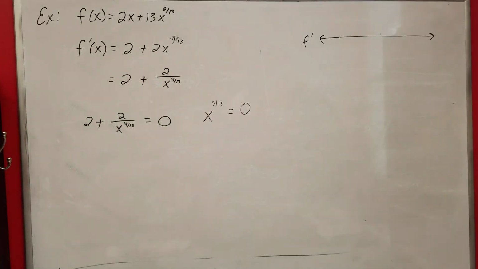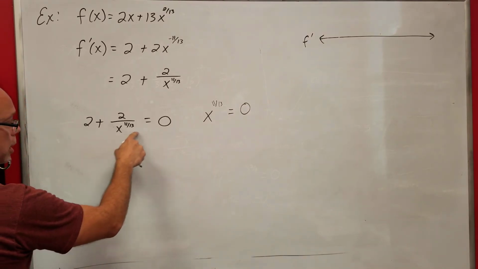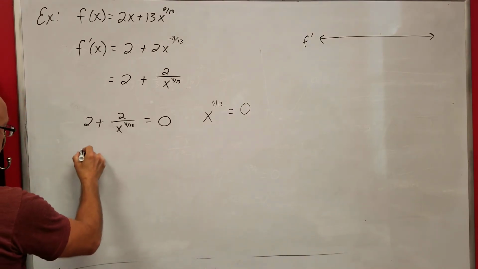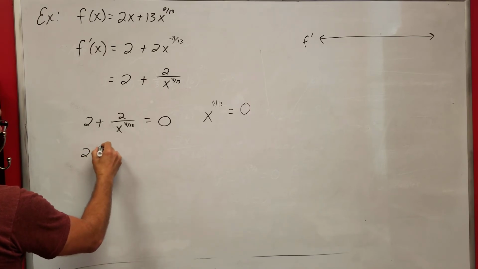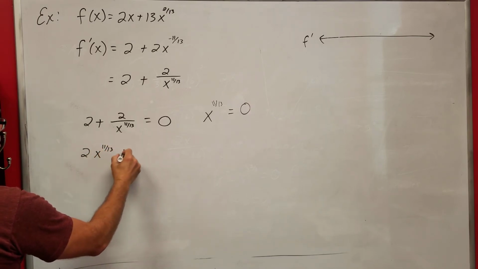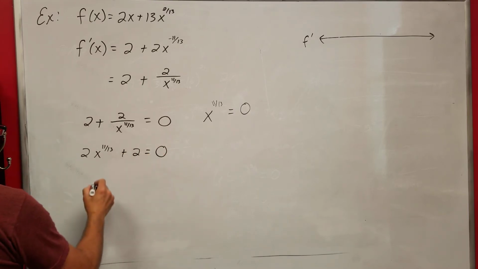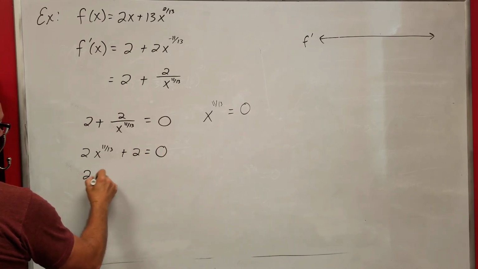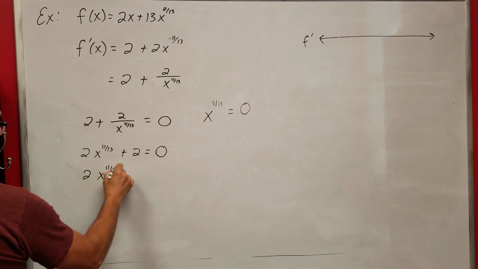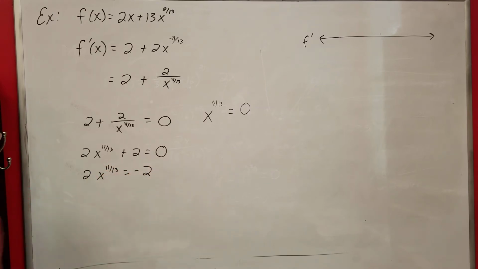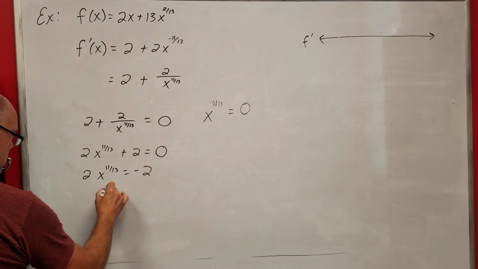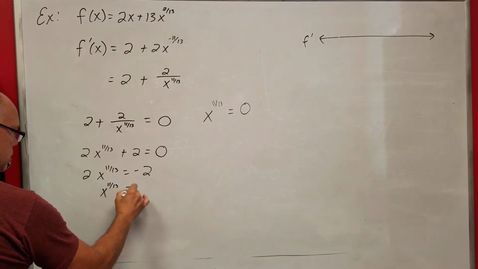So now we'll just solve each one of those. To solve here, I could multiply each term by my least common denominator. That gives me 2 times x to the 11 over 13 plus 2 is equal to 0, or 2x to the 11 over 13 is equal to negative 2, or x to the 11 over 13 is equal to negative 1.